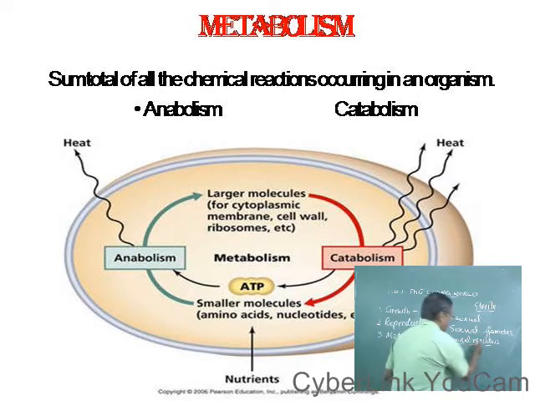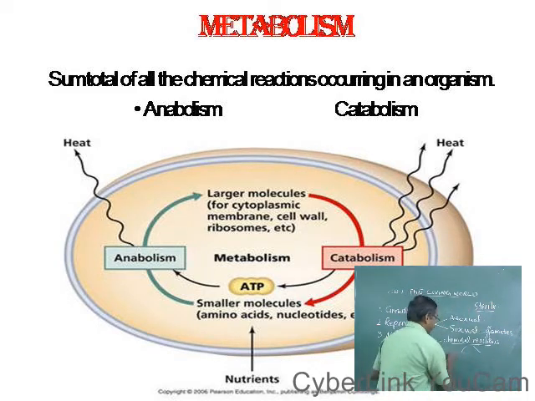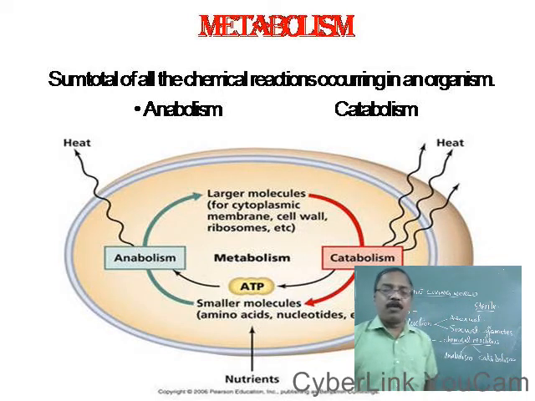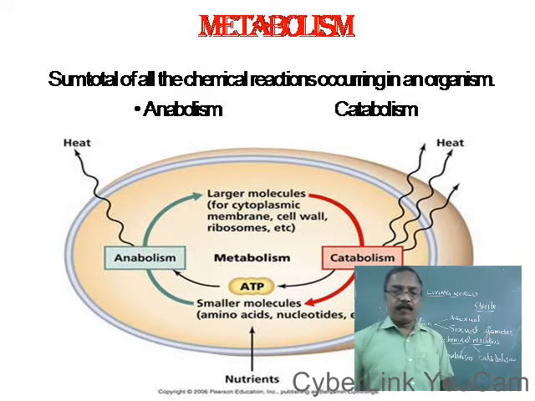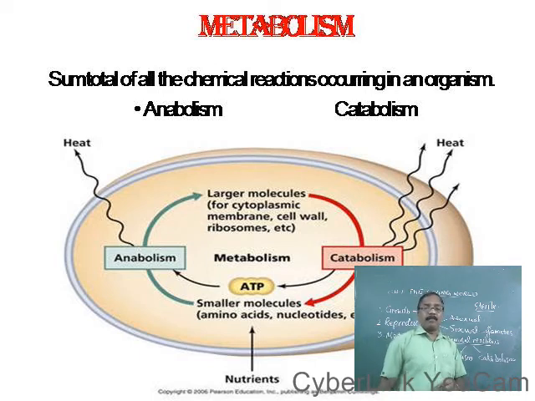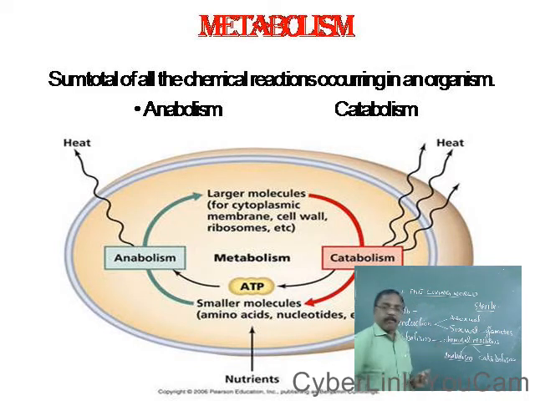Now when you consider these chemical reactions, they are of two types. We call them anabolism and catabolism. I will give you examples so that you will easily understand. Those reactions in which larger molecules are synthesized in a living system using smaller ones, tiny particles, we call anabolism.